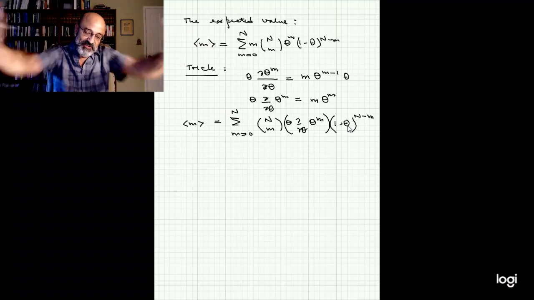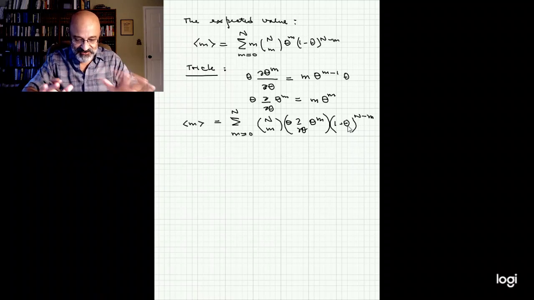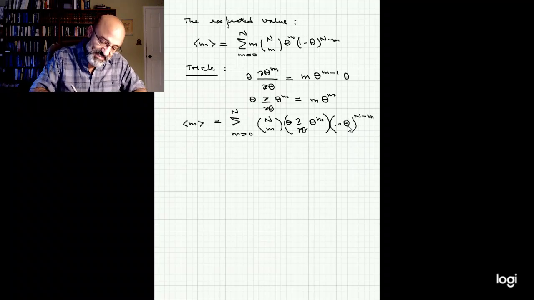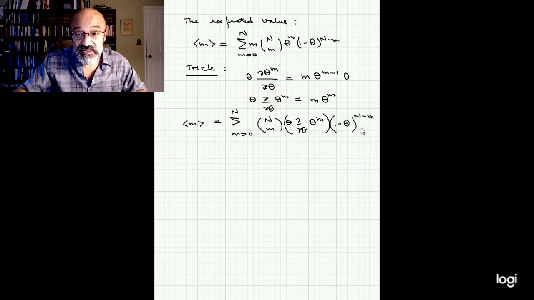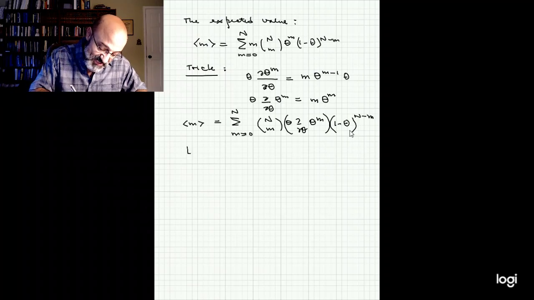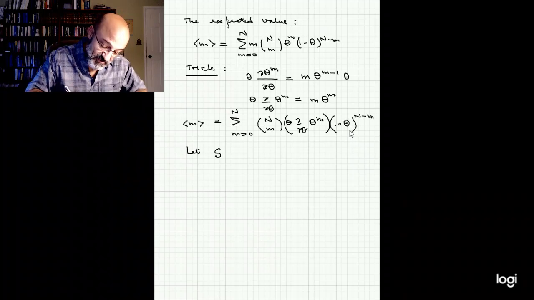So now we can see the strategy of what's going on here, but we're going to have to manipulate these terms a little bit differently. We don't want this d/dtheta to act there. So what I'm going to do is define S, which is a function of theta and phi.